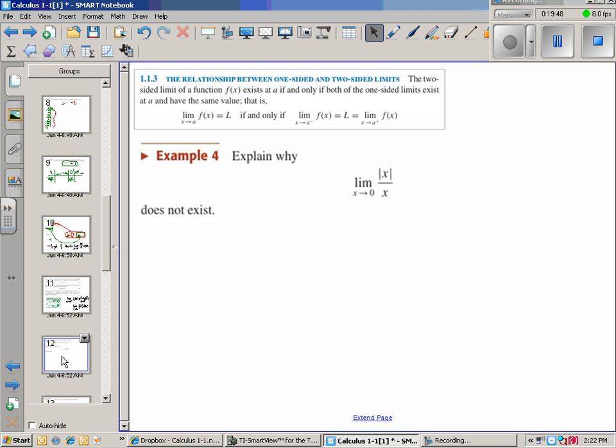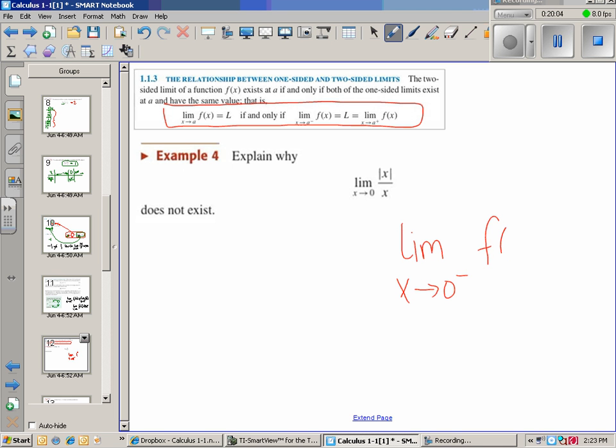Okay, again, here it is in formal terms. If and only if, IFF, okay? So we just did this one, and the limit as x approaches 0 from the left of that function was equal to -1.